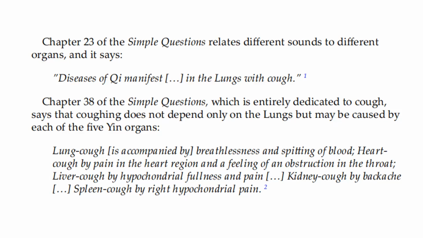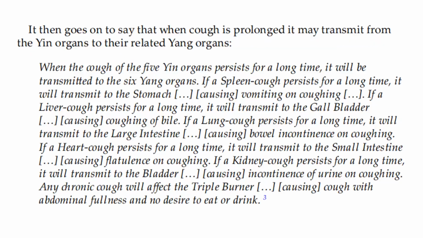Lung cough is accompanied by breathlessness and spitting of blood, heart cough by pain in the heart region and a feeling of an obstruction in the throat, liver cough by hypochondrial fullness and pain, kidney cough by backache, spleen cough by right hypochondrial pain.